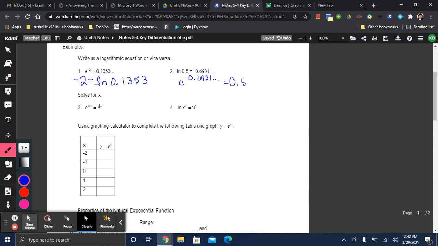To solve an exponential equation, I want you to remember that if you do not have a logarithm, you can simply put the exponent, which in this case is a logarithm. So the exponent equals, and then log base e, here's your base.